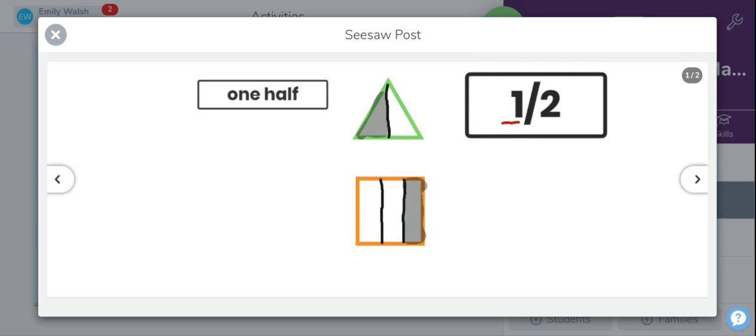One part is colored of 2 parts that the triangle is in. So 1/2 of the triangle is colored.